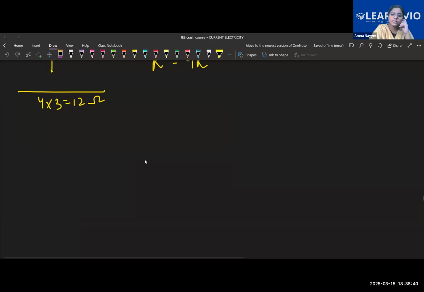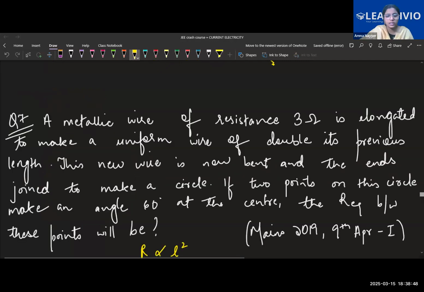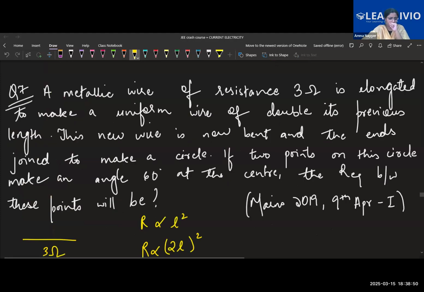Now what all things is the question mentioning? It is saying this has been bent in the form of a circle. What are the rest of the instructions? If 2 points make 60° at the center of the circle.